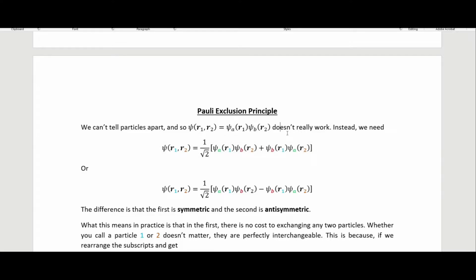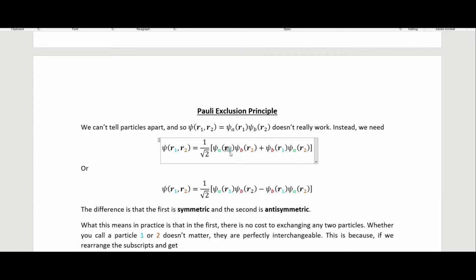And so there is what they sometimes call an exchange interaction with each other. And so what we need is one of these to formulate right here. The difference between them is that this one has a plus in it, and this one has a minus in it. What you see here is the function for the A state, which is acting for particle 1.